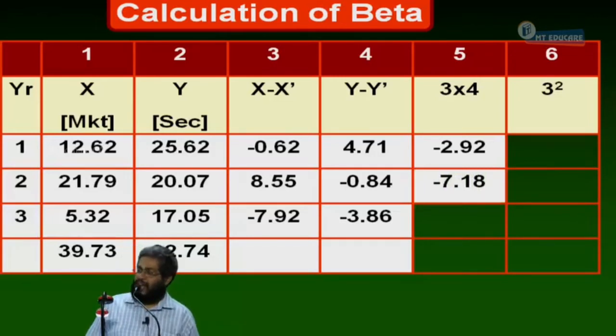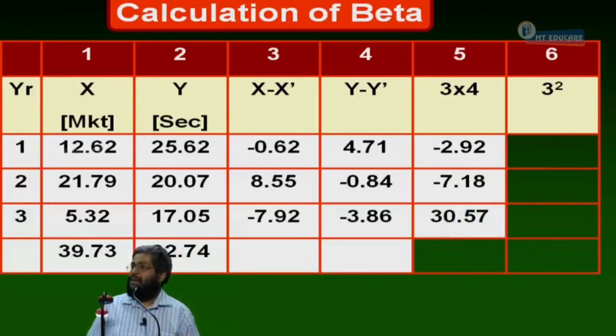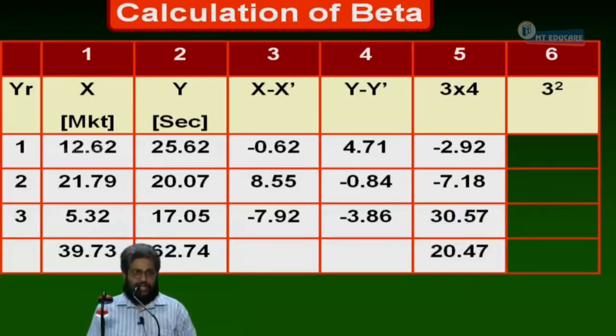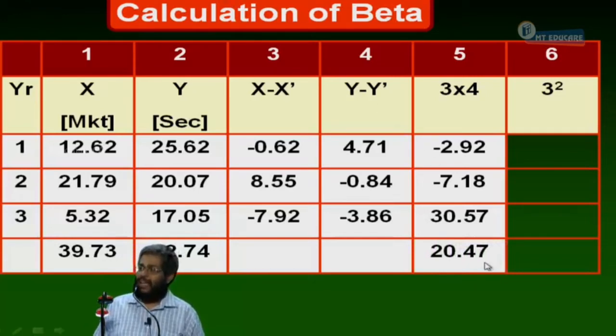Minus 7.92 into minus 3.86 gives a plus number, 30.57. The total is 20.47. What is 20.47? Sigma of x minus x bar into y minus y bar.